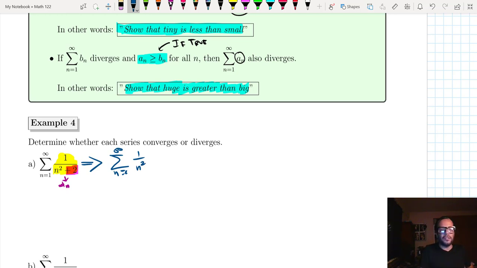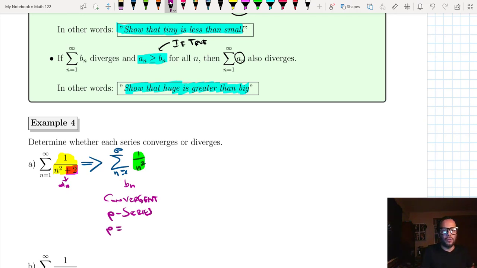Let's focus on this series for now, and let's call this our b sub n. This is the test series b sub n. And we know that this is a convergent P series. How do we know this is a convergent P series?